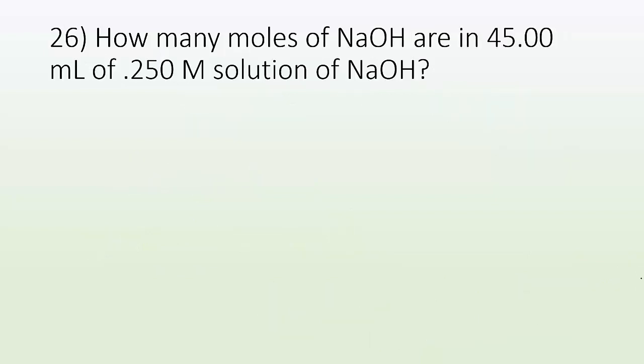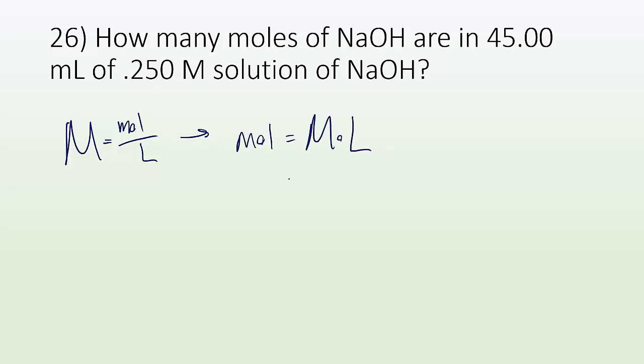26. How many moles of sodium hydroxide are in 45 milliliters of 0.25 molar solution of sodium hydroxide? So again, I'm going to go, well, I know my molarity is equal to my moles per liter. And if I'm trying to solve for moles, rearrange that. I get moles equals the molarity times the liters. So now I'm going to plug and chug. I go, all right, well, I got 0.250 molar times the liters.